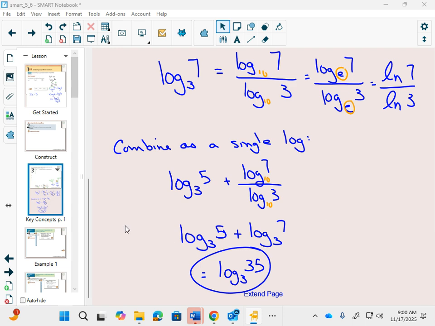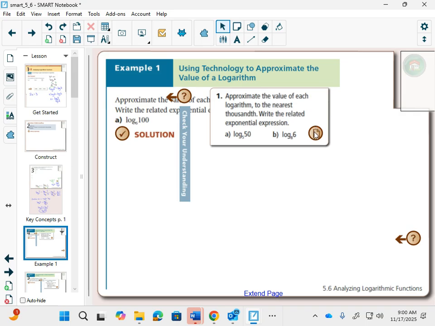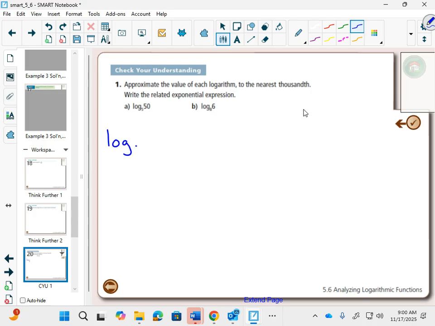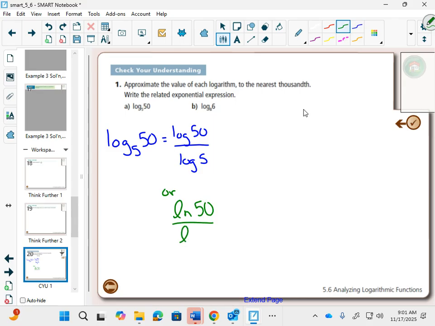So let's look at example 1. They want this just to be a calculator question. So if you have log 5 of 50, you can change that to log of 50 over log of 5, or natural log of 50 over natural log of 5.